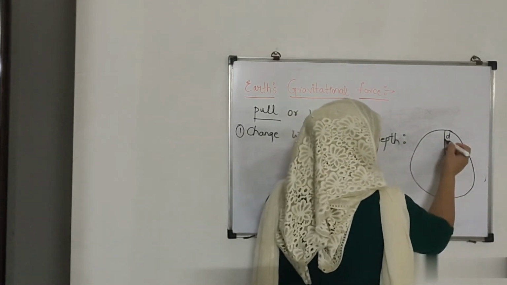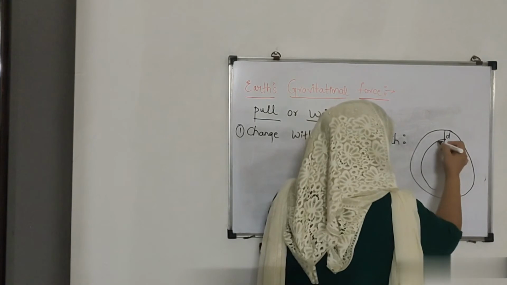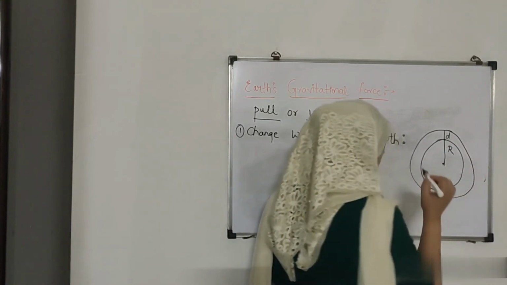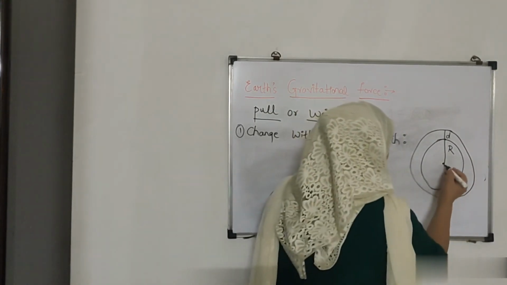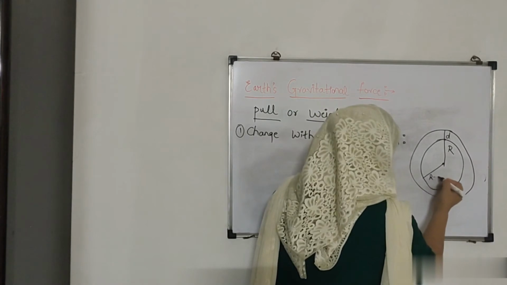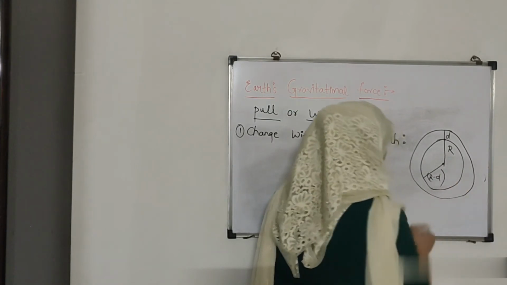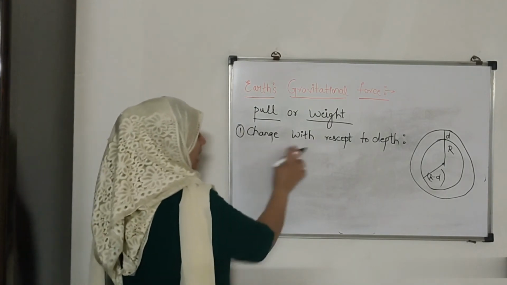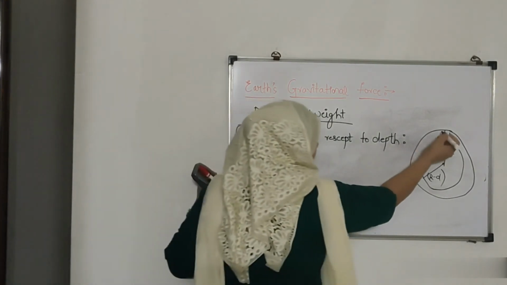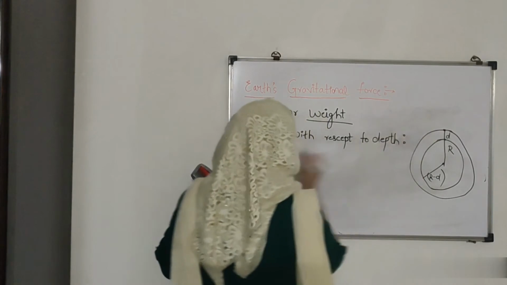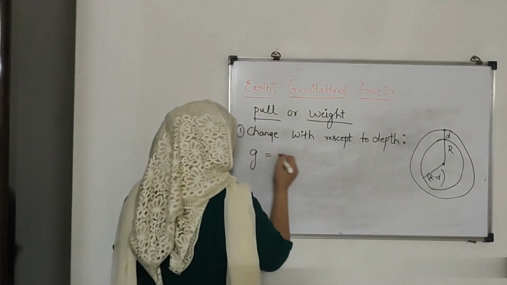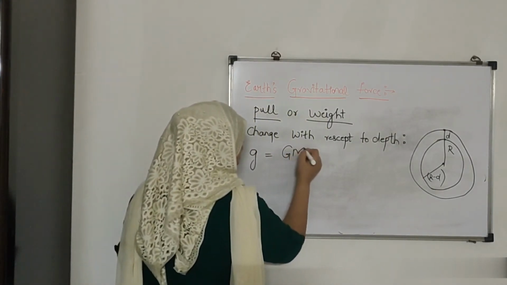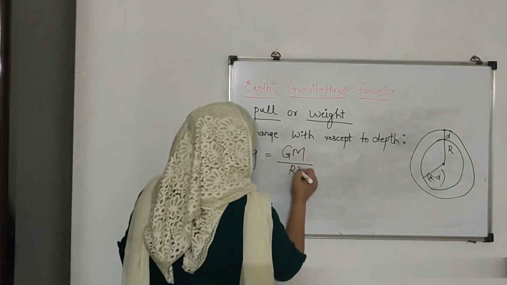So now, if I'm going to consider this to be another sphere, what is the radius of this sphere? The radius of this sphere is r minus d. Now see, what is the acceleration due to gravity on the surface of the earth? At this point, g is equal to capital G, capital M upon r square.